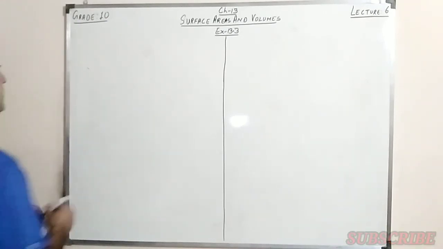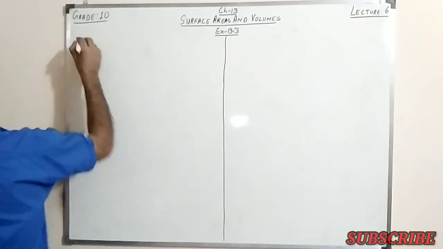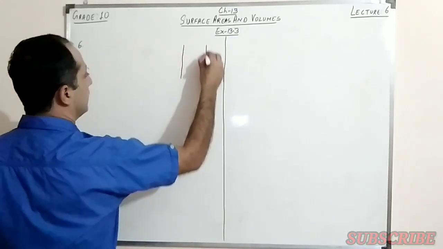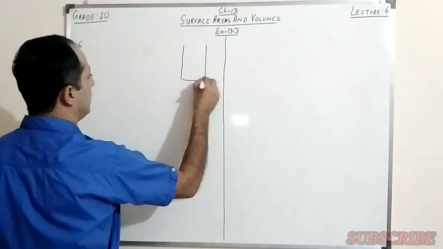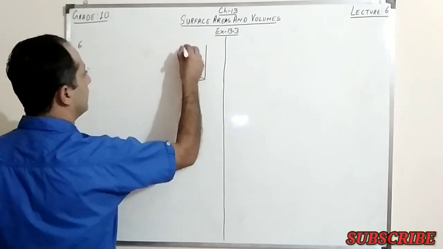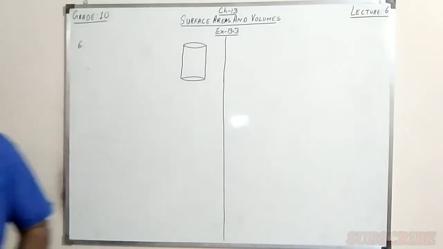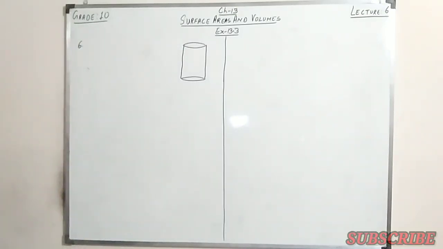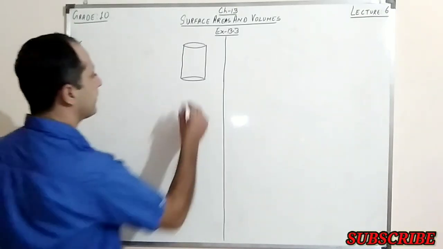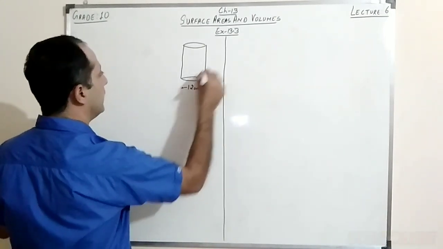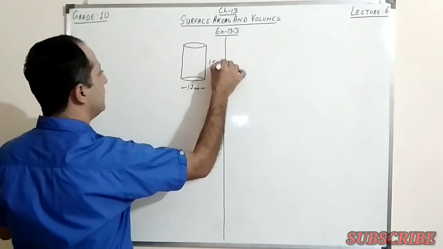So, the first thing, I have a cylinder. And this cylinder is full of ice cream, right? Now the dimensions are given as diameter is 12 and the height is given as 15 centimeter.